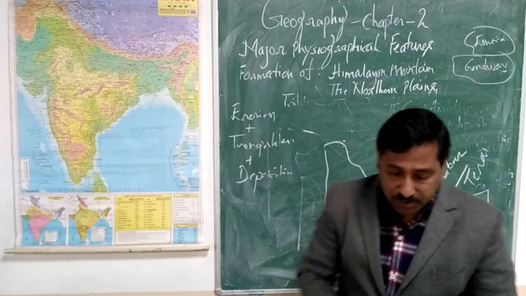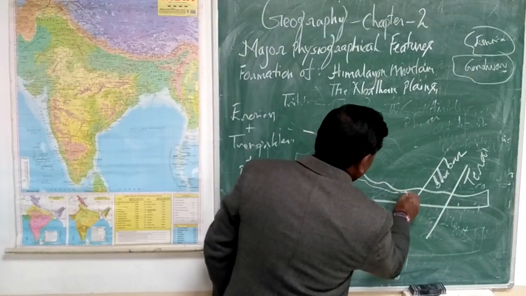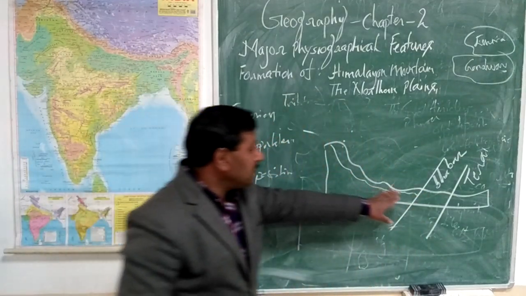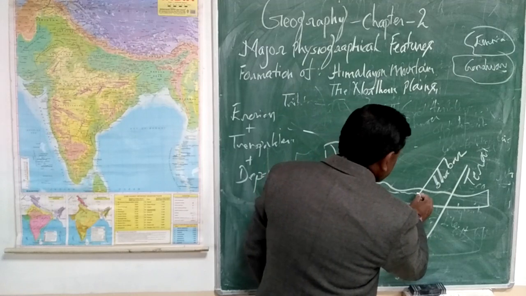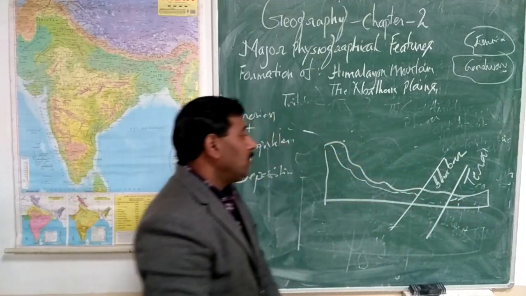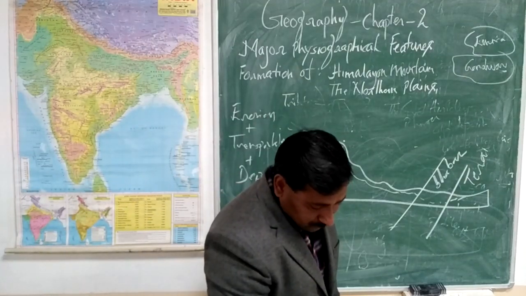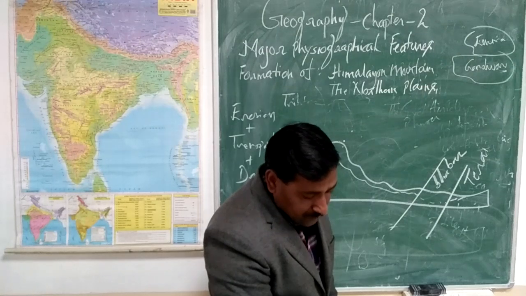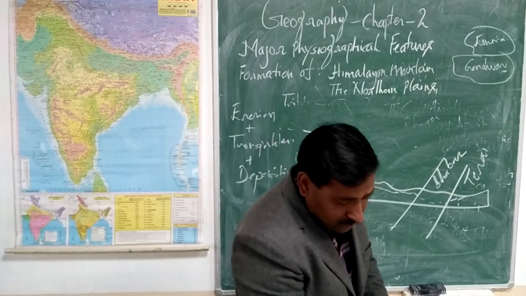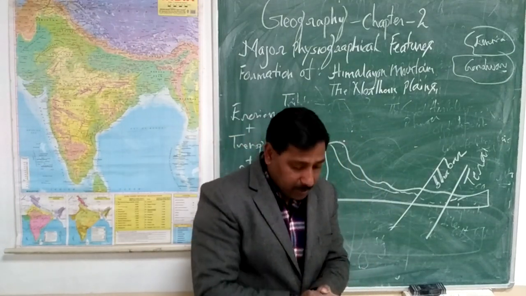All the river streams which flow from the mountains, they disappear in the Bhabar belt and they emerge out in Tarai. So the rivers, after descending from the mountain, deposit pebbles in a narrow belt of about 8 to 16 kilometers.